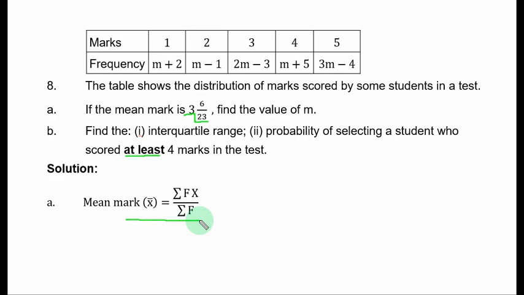If we are to maintain the table the way it is, you simply add a row for fs. You take the marks as s, frequency is f. To get fs, you add the row, that is product of the frequency and the marks. If you add together, that gives the summation of fs.